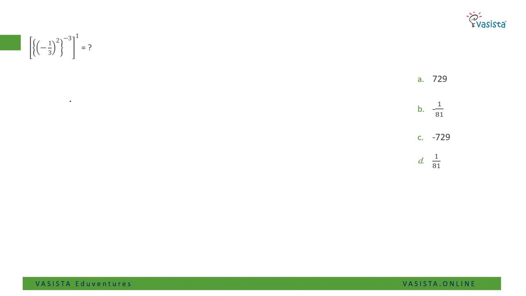So we know that (a to the power of m) to the power of n is a to the power of mn.